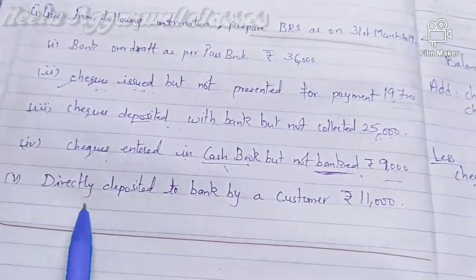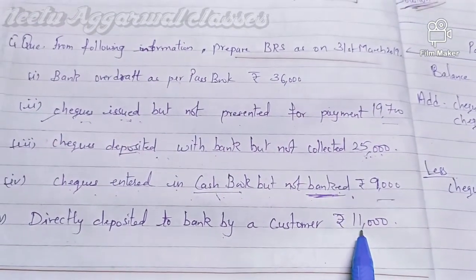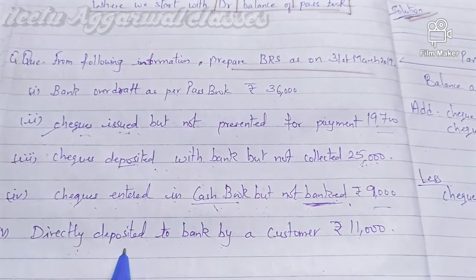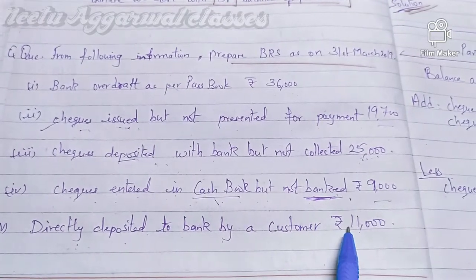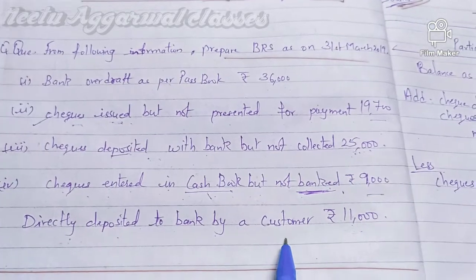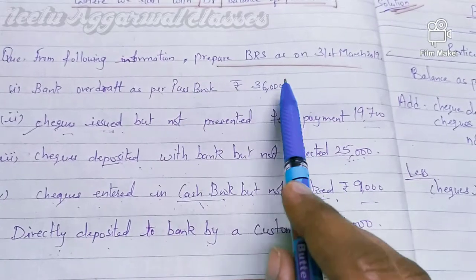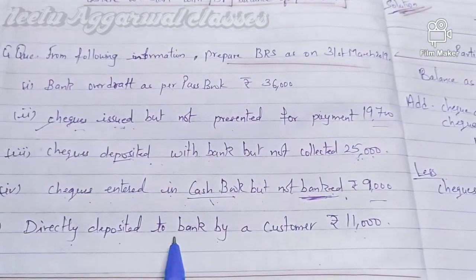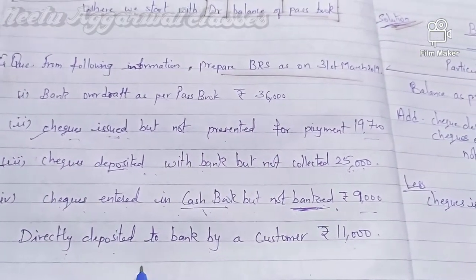Directly deposited to bank by a customer, 11,000. This entry, bank has already credited this amount, so the passbook balance has this effect, but in the cash book there is no entry for this because there is no recognition for this in the cash book.